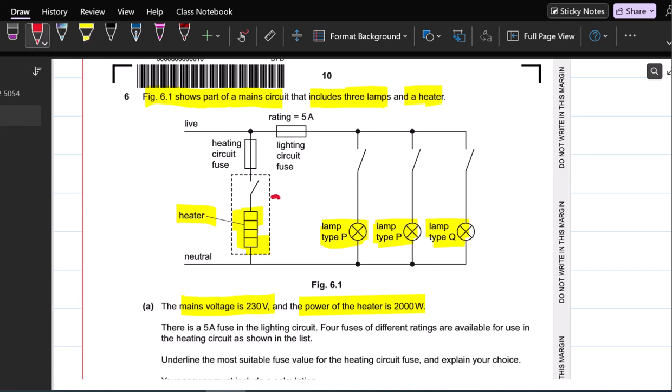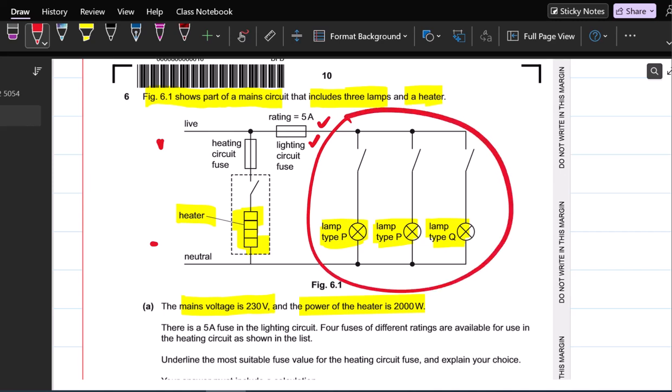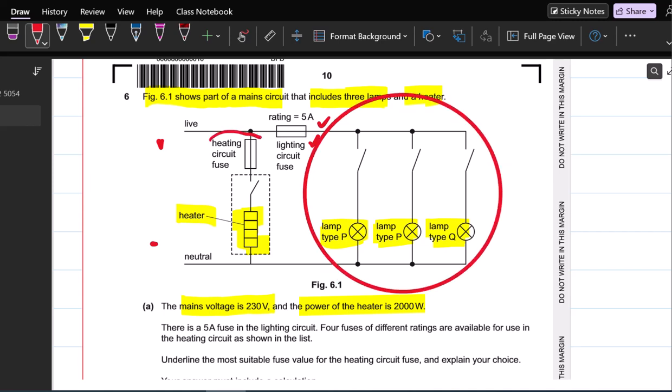So 230 is here in the main. So 230 volt will be in this branch, 230 volt will be here, 230 volt will be in this branch. So it is a parallel circuit. Fuses are also given in this circuit. This is a lighting circuit. This fuse is controlling this circuit, and this heating circuit fuse is controlling the heater.